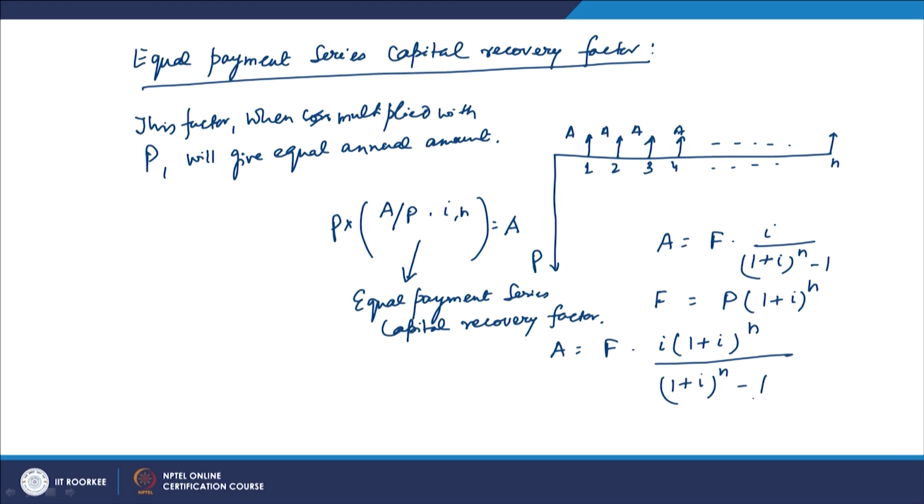Basically, this is not F now, because this will be P. So, when P, your capital, is multiplied with this factor, it gives you A. This factor is known as the equal payment series capital recovery factor, that is A by P, i, n.